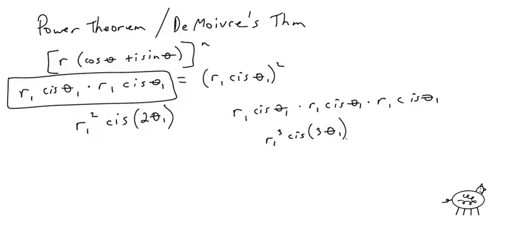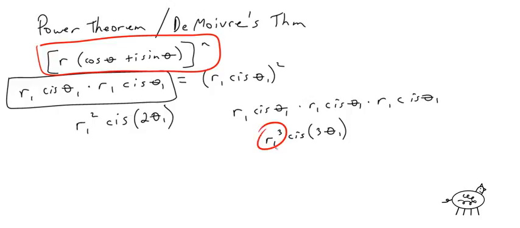So now let's go back to the original expression, R cis theta to the nth power. It looks like what I do is raise that to that power. You agree with that?